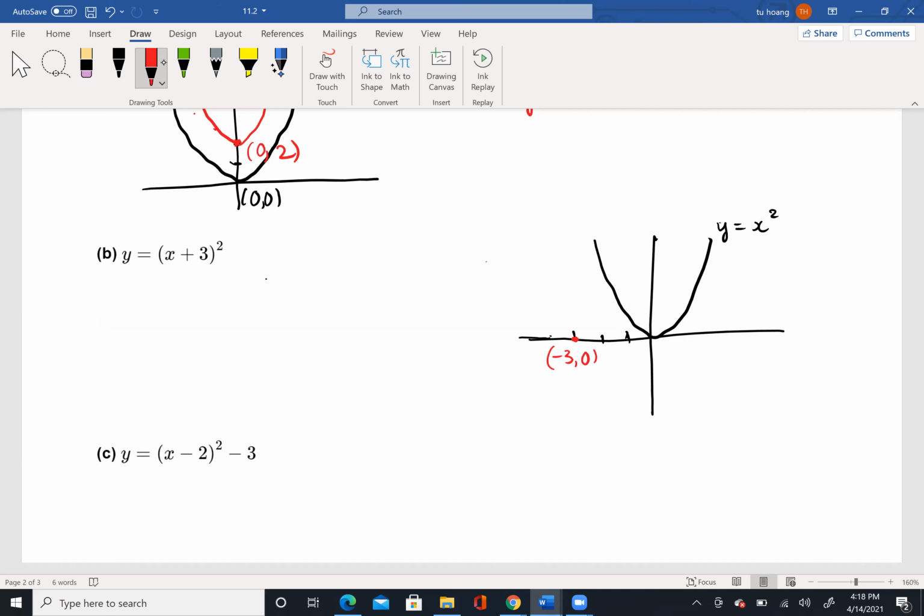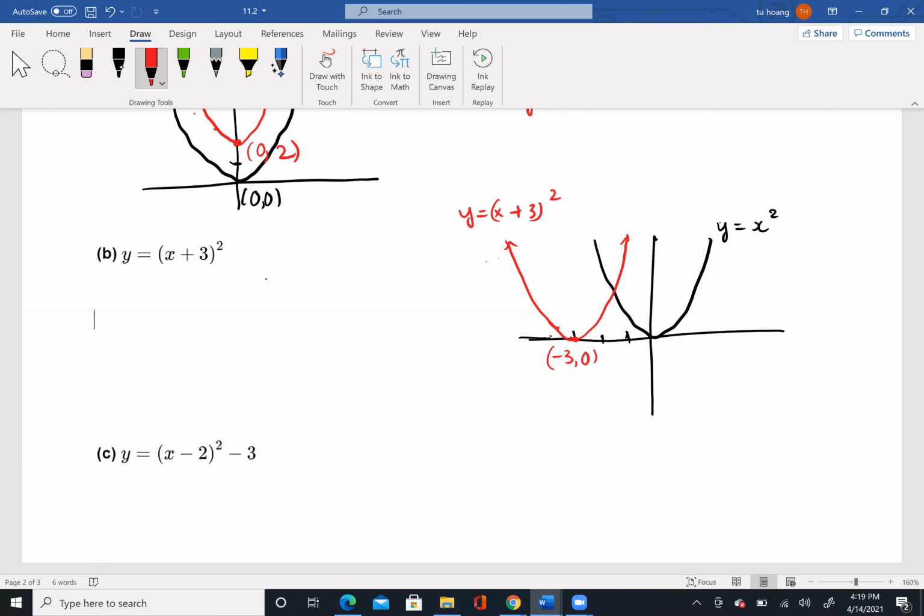And then you have the new graph, looking like the old one but shifted to the left 3 units. See that? That is y equal to x plus 3 squared.